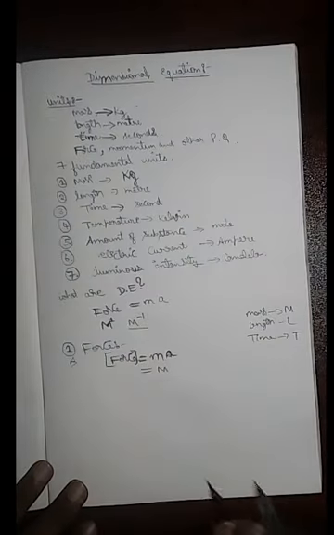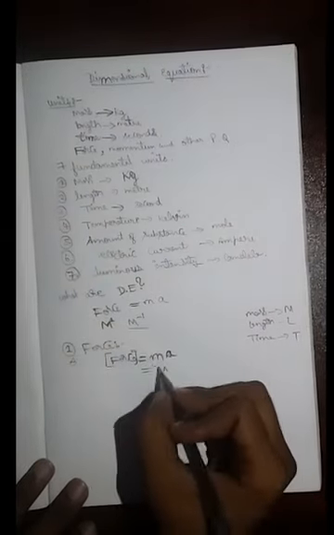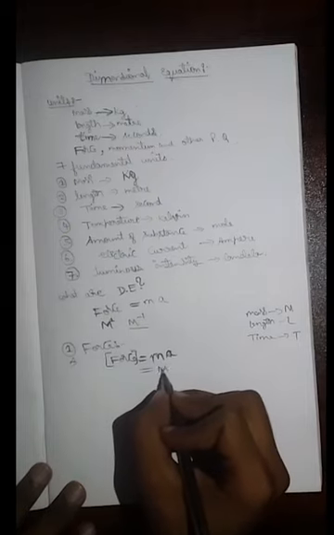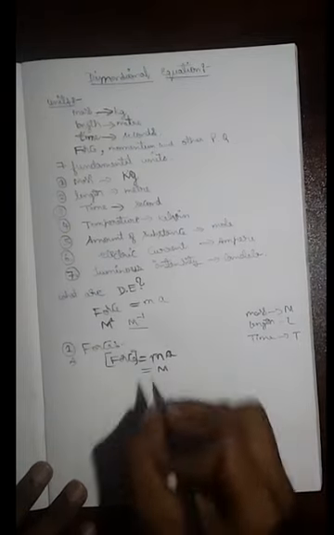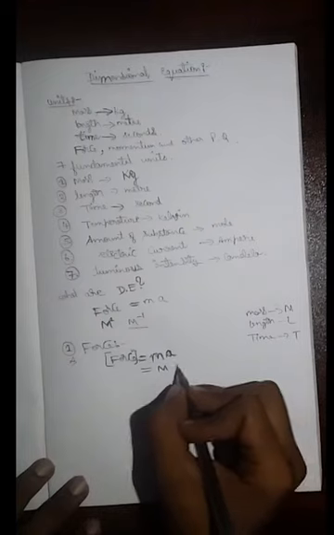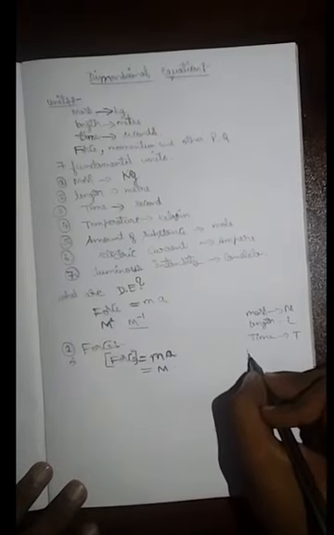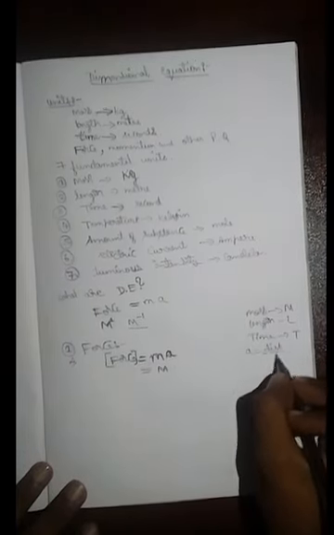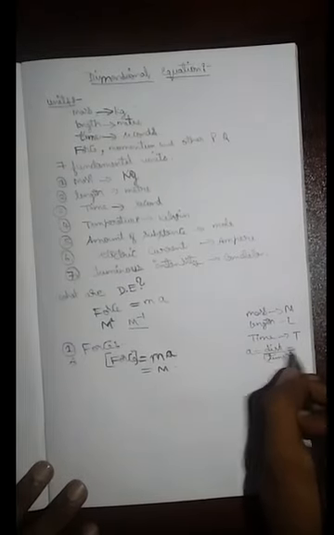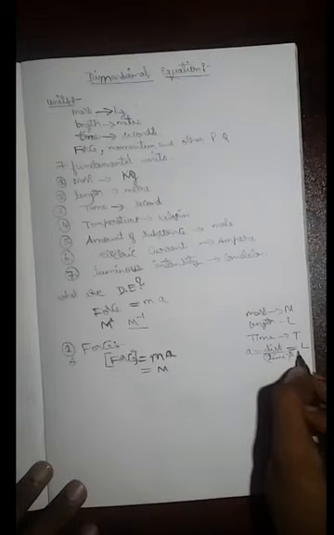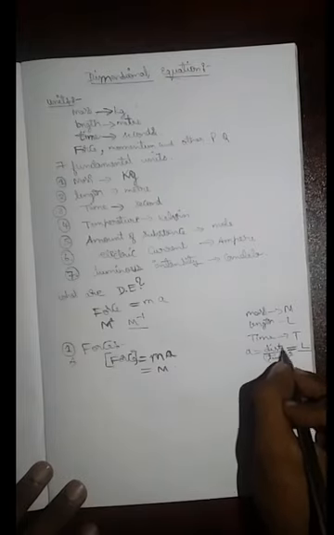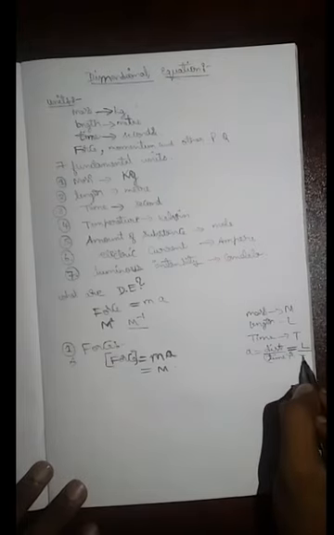So for mass, we have assigned the symbol M, and for acceleration, we know that it is distance traveled divided by time squared. Distance is a length quantity, and time is T, which is squared.